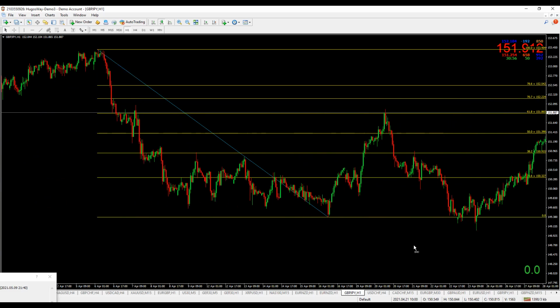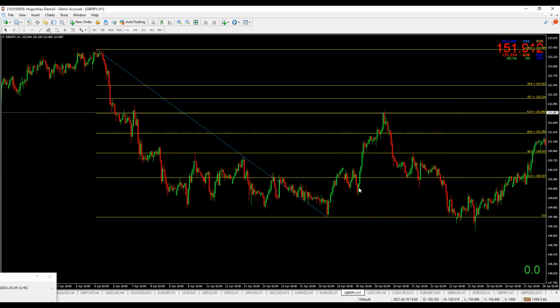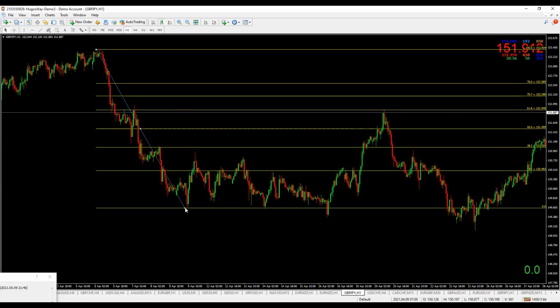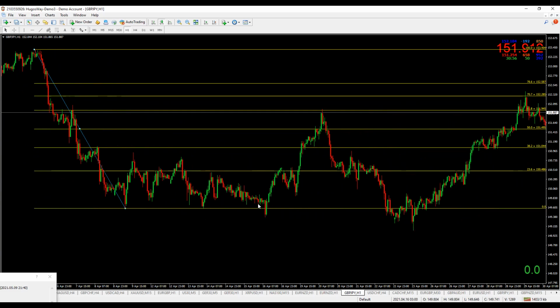I would say that is partly because it has been used wrongly. Whereas if you had placed it here, when the price retraced and began to do this, you would know quickly that this price is most likely not going to continue down.